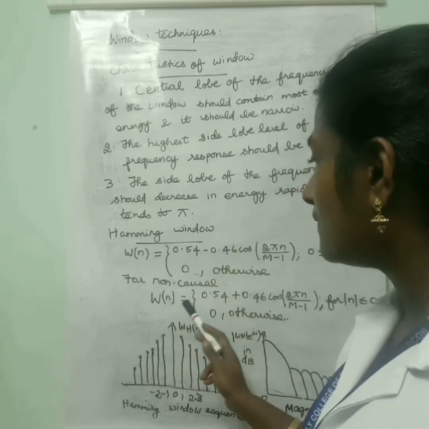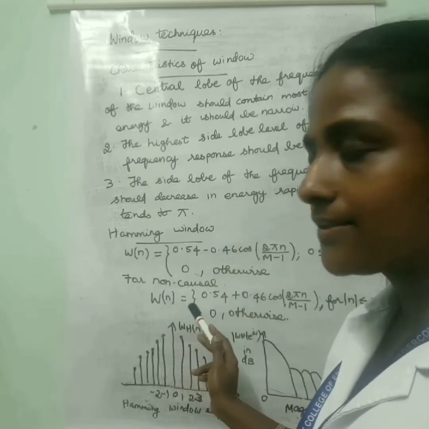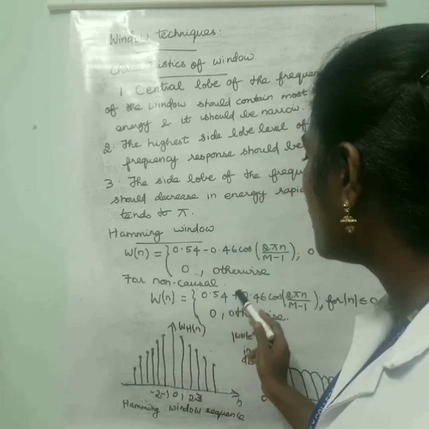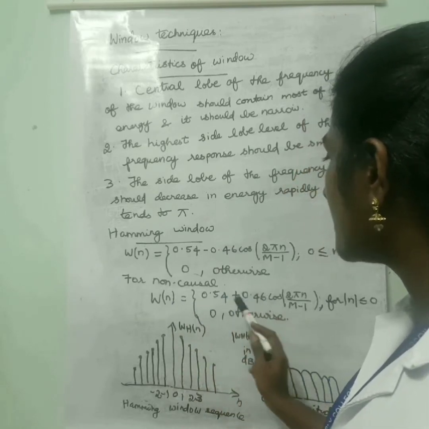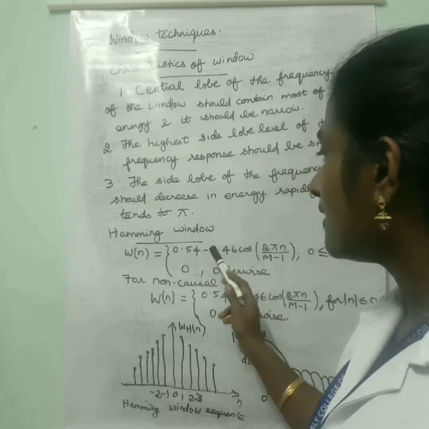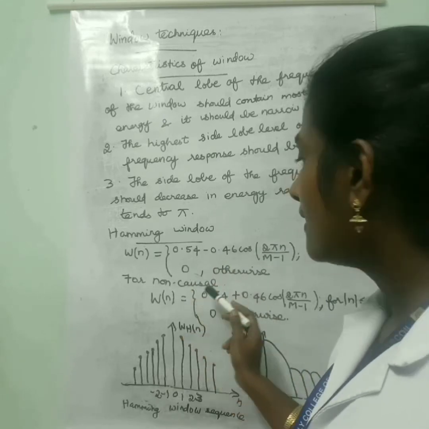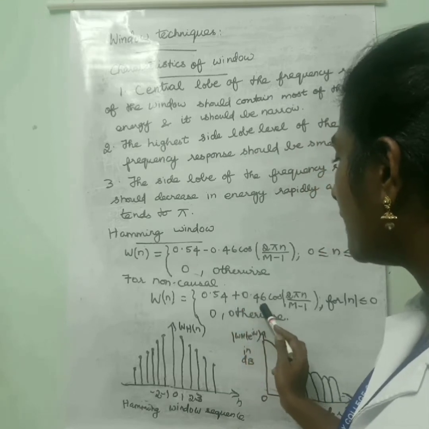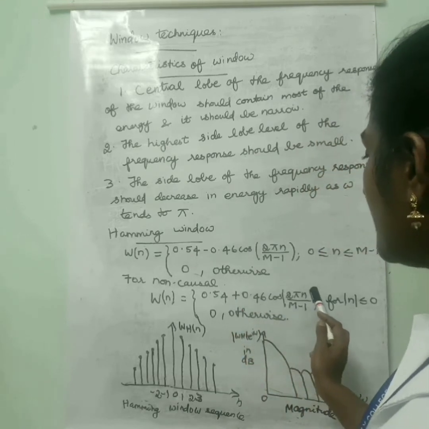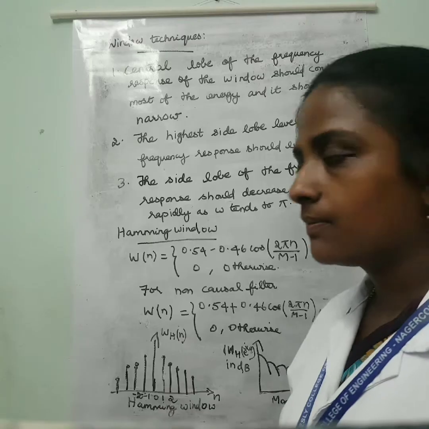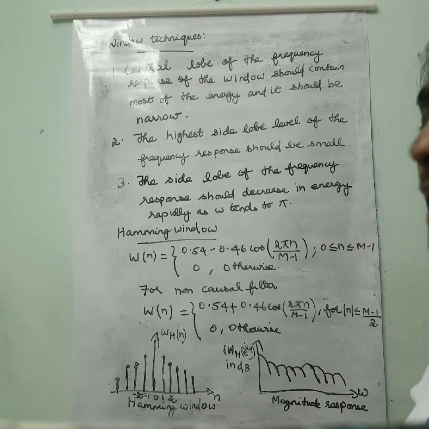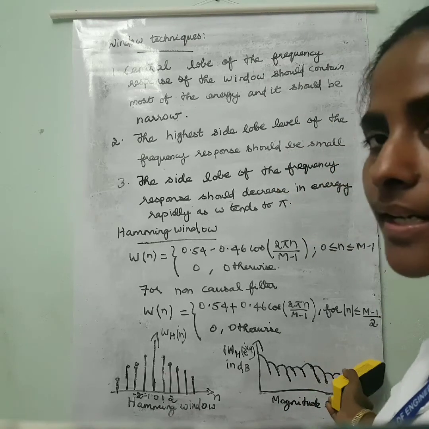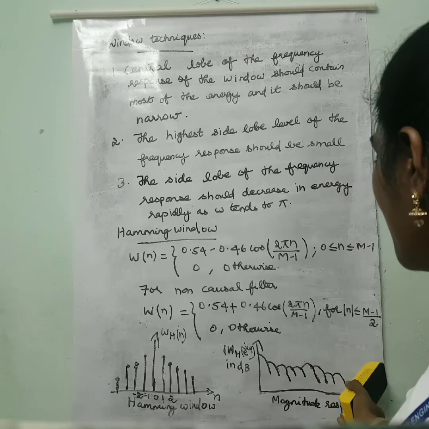For non-causal filter, we have w(n) equal to 0.54 plus 0.46. This minus only varies. Here for causal we have minus, for non-causal we have plus. So 0.54 plus 0.46 cos(2 pi n divided by M minus 1), for modulus of n less than or equal to (M minus 1) divided by 2.